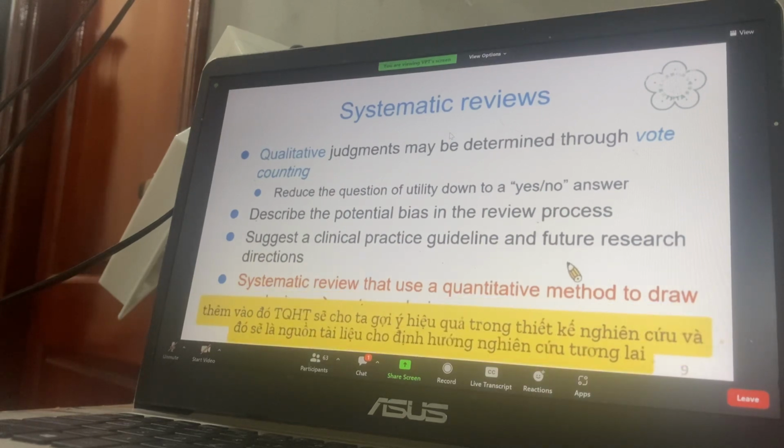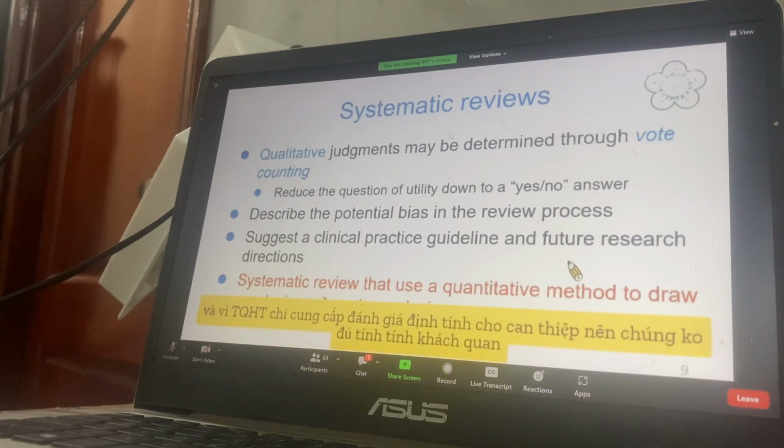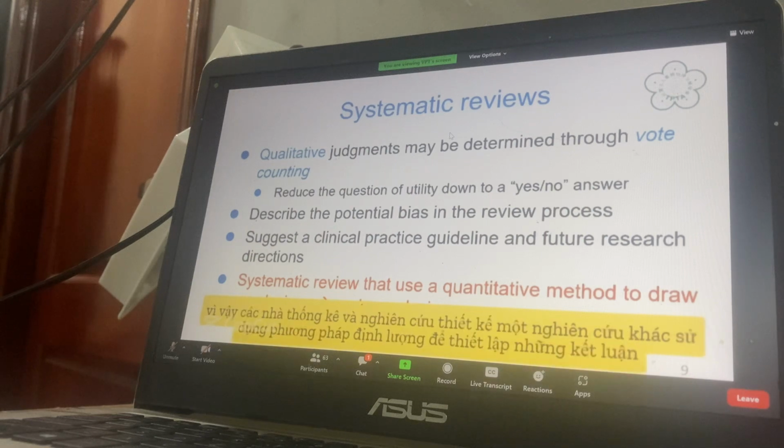In addition, through the review, we might find some insufficiency in the study design, and that's a resource for future research directions. And since a systematic review can only provide a qualitative judgment through vote counting, it's still not objective enough.